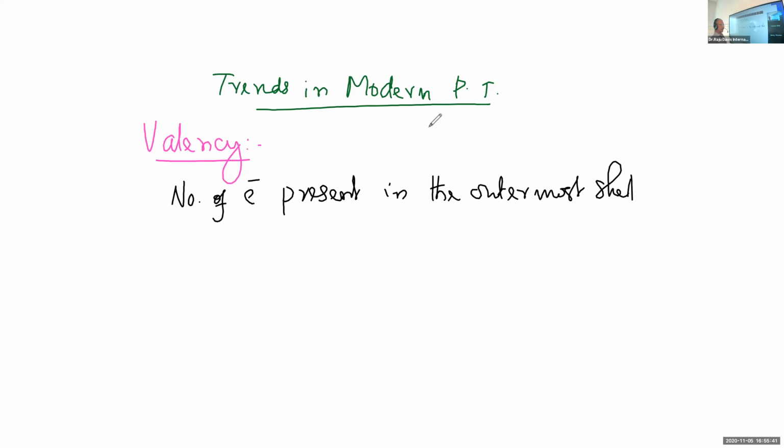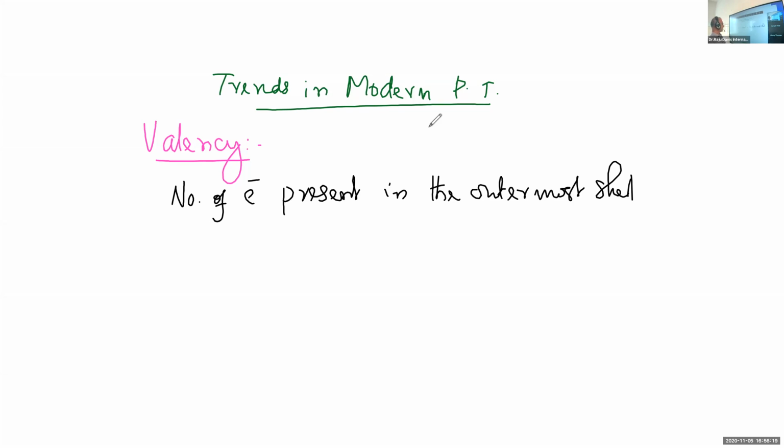That's why we say the outermost shell is the valence shell and the outermost electrons are the valence electrons. This is because the number of electrons present in the outermost shell determines the valency of an element.